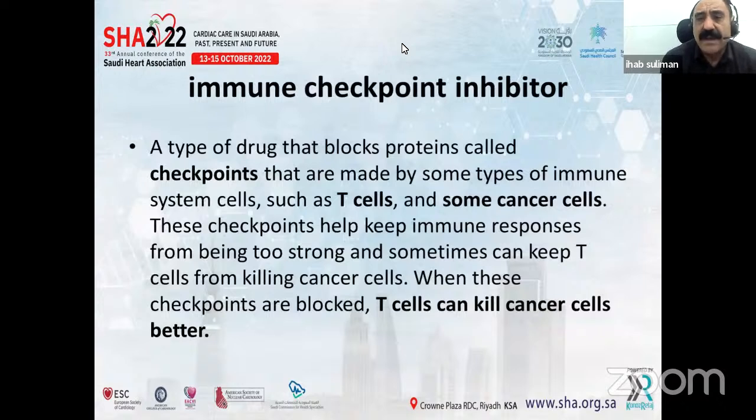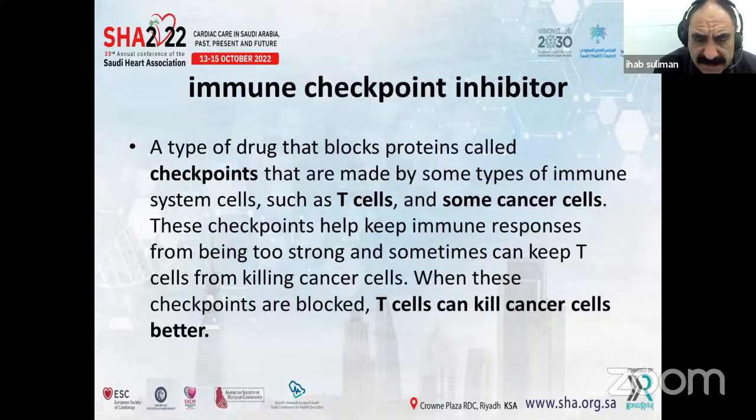So what are immune check inhibitors? Immune check inhibitors are a type of drug that blocks proteins called checkpoints. These checkpoint proteins are made by some types of immune cells, such as T cells or killer T cells, and by some cancer cells.